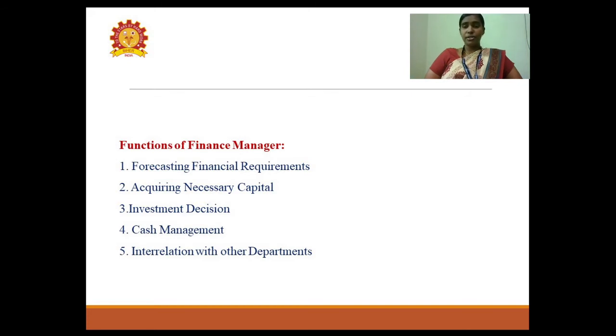And the financial manager has to maintain a good relationship with all other departments, because if that person is not able to maintain a good relationship with the other departments, he cannot estimate the financial requirements for the organization.